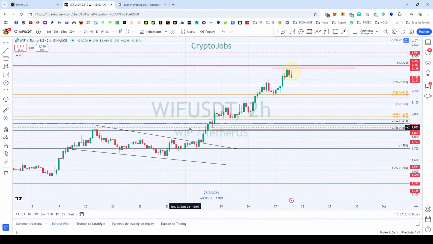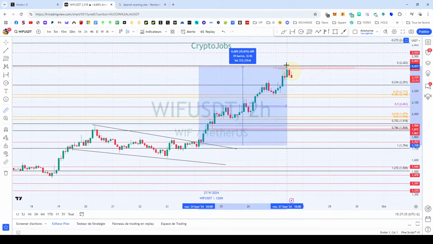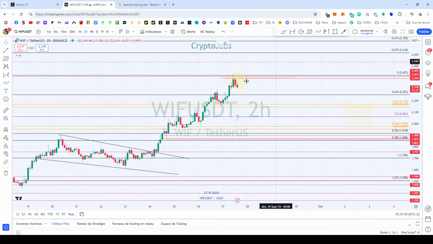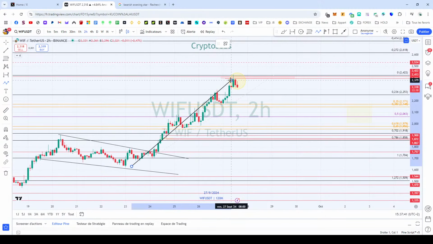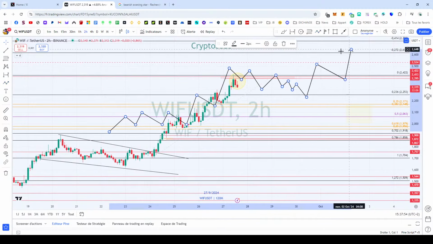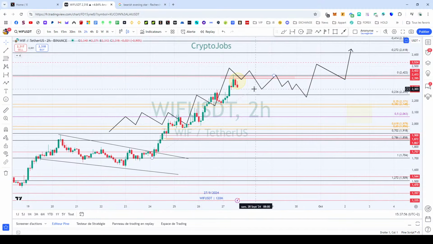The uptrend is also pretty steep. It means that when you have a sharp, steep uptrend like that, you often have a very quick correction. If you have an uptrend that is not steep but safe, you often have consolidation before a big move, but in that case it's pretty steep.